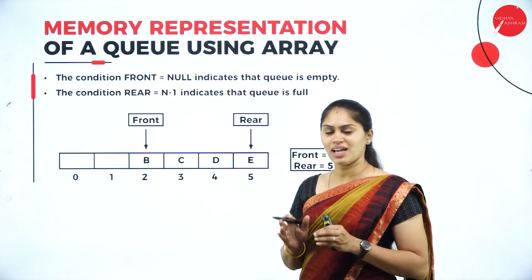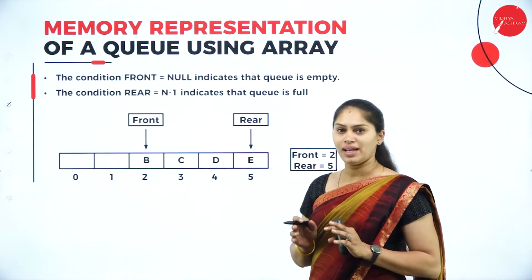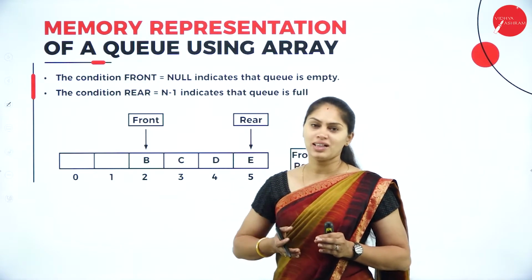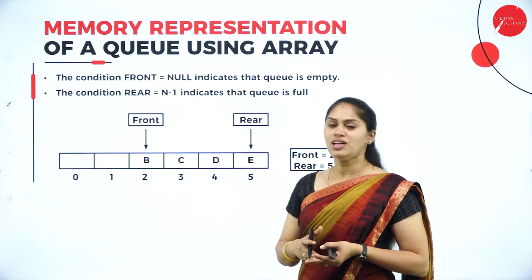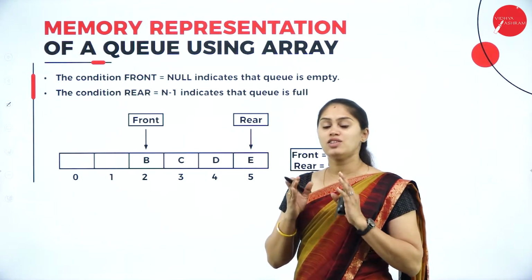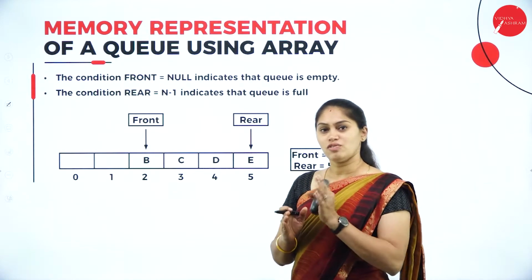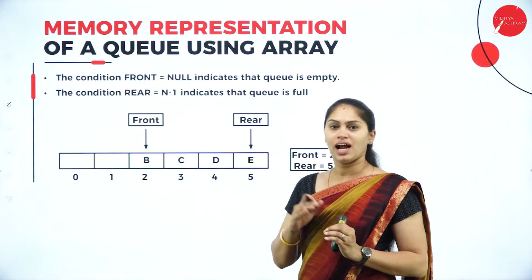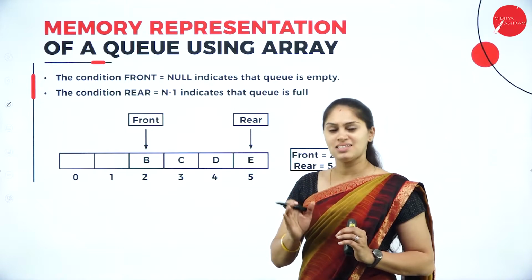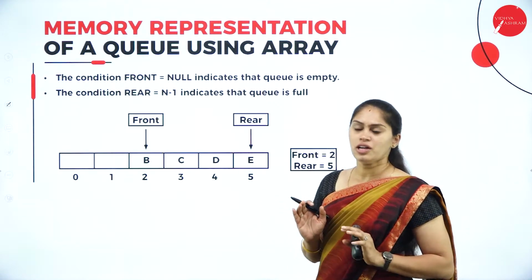If it is full, then we can't insert a new element. If I am trying to delete an element which is not there in the queue, that is also not possible. So for insertion, we have to check for the vacancy of memory space for that element, and for deletion, we need to check whether that element is there or not. That is what we have to concentrate on.